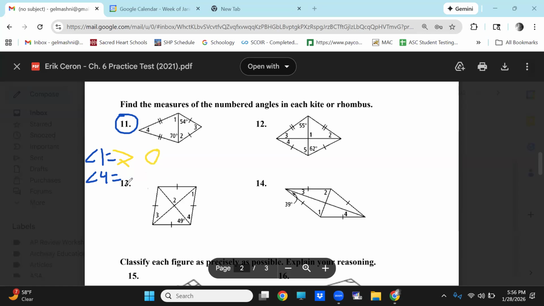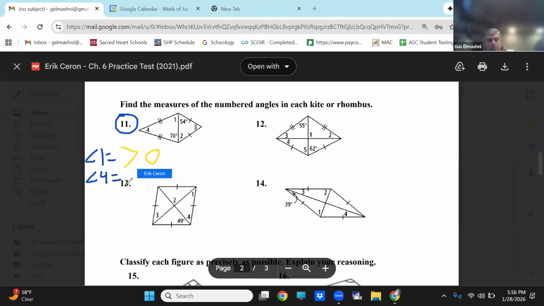Then 40. Is that right? Good. And what do you think about angle 2?